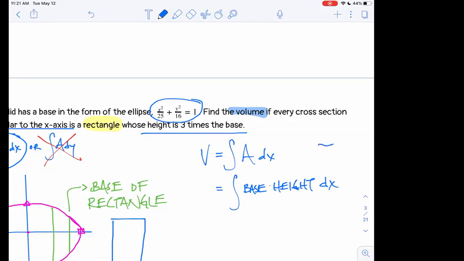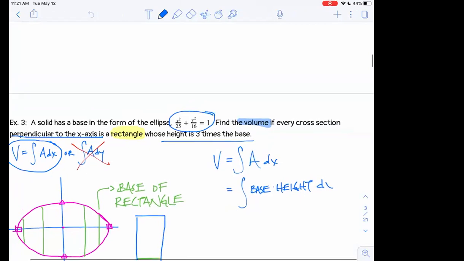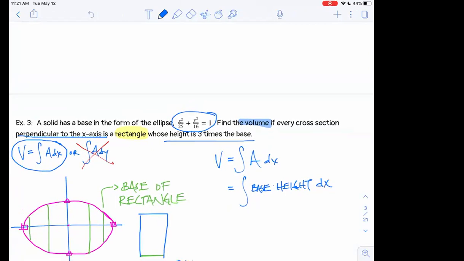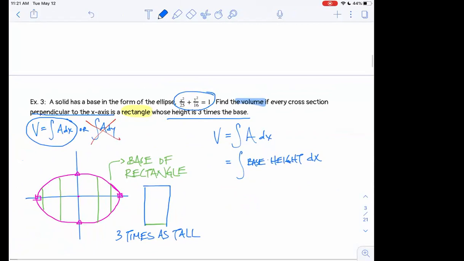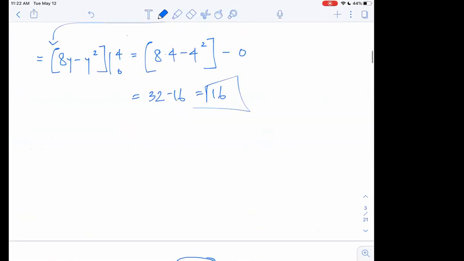So in order to find the base of my rectangle, I need to find the distance between the pink curve, which is on the top, and the pink curve, which is on the bottom. Okay, so this is an issue that we've run into before, where now the top and bottom curve are the same.